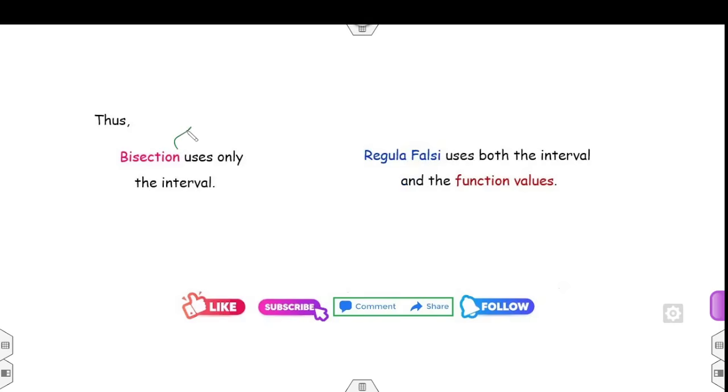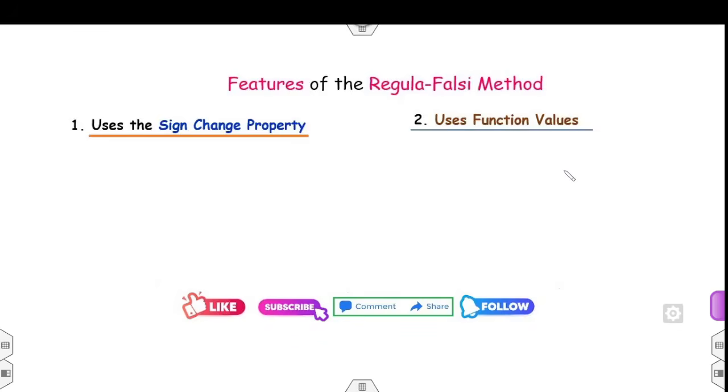Remember students, the bisection method only tells us about the interval a comma b, and it is independent of the function value, dependent only on the sign of the function value. However, the Regula Falsi method depends on both the interval and the function value.